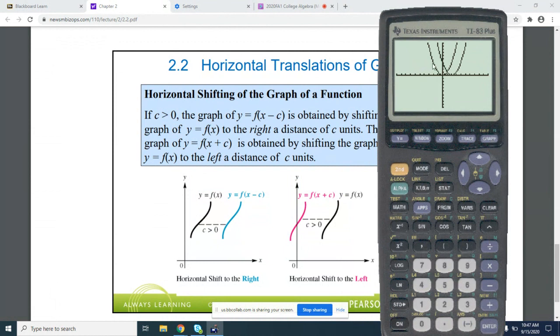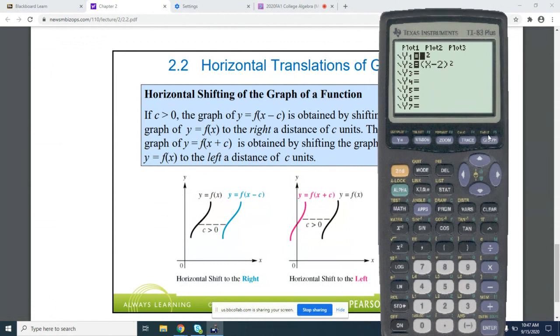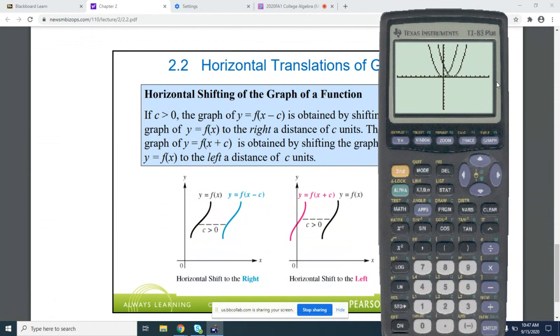Right, so now we just shifted that parabola to the right 2 units. Even though you're shifting to the right, we're subtracting within our function. So that's a shift to the right 2 units. If we wanted to shift the parabola to the left 2 units, I'm going to go back to y equals, and for y sub 2, I'm going to change the subtraction to a plus. And if we regraph, notice that it's a shift left 2 units.